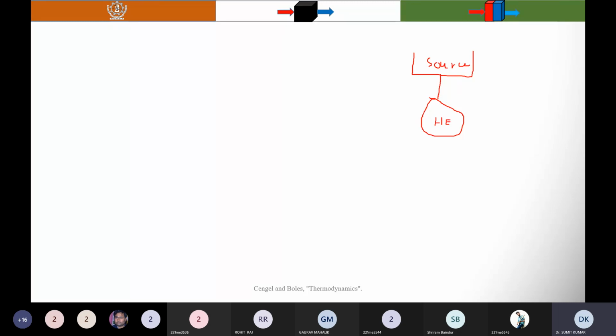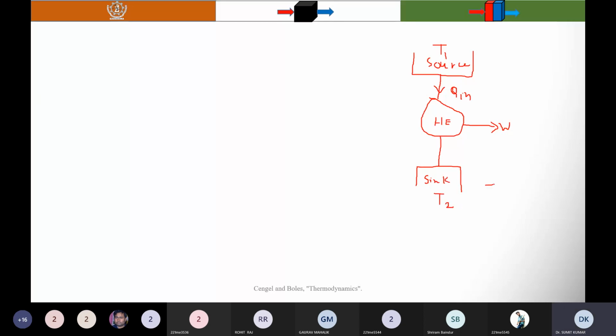Cyclic means the initial and final states are the same, and it produces work W. It takes energy from the thermal energy reservoir, which is at a high temperature, suppose T1, taking the energy Q1, and supplies energy to the sink, which is at a low temperature T2.